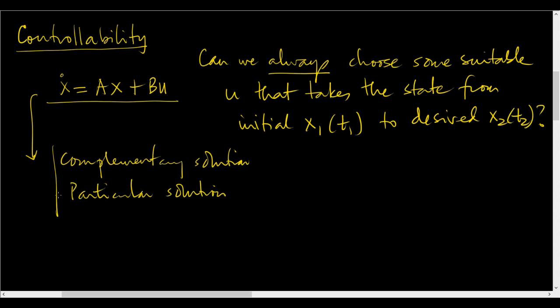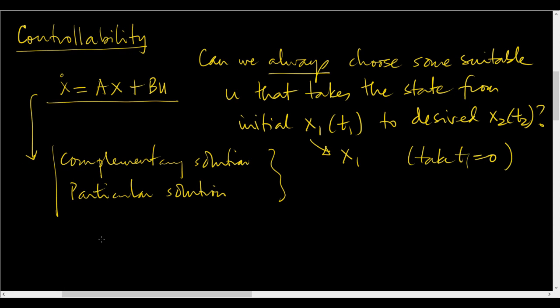That's the general solution. So what we can do is we can say initial condition is x1. Forget the t1. It's an autonomous system. It does not have time explicitly in it. So we can take t1 equal to 0 with no loss of generality. So now some x1 is given.